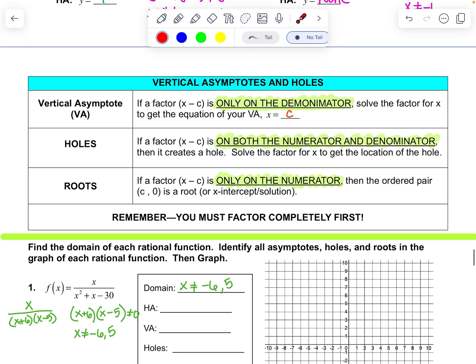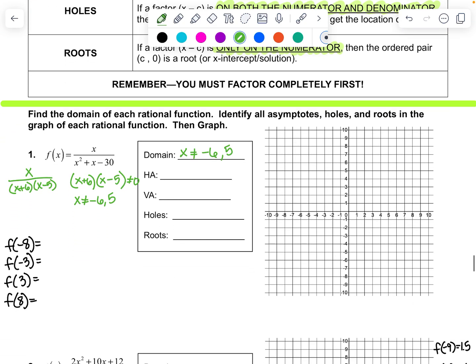If I have any factors that are only in the denominator, I have a vertical asymptote at that value. So I will have vertical asymptotes at those two values.